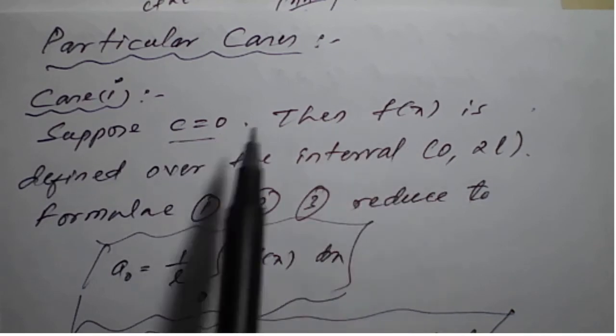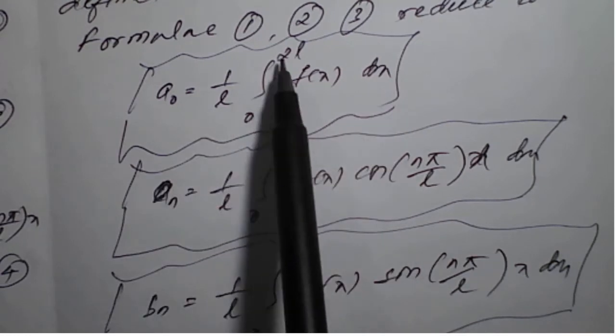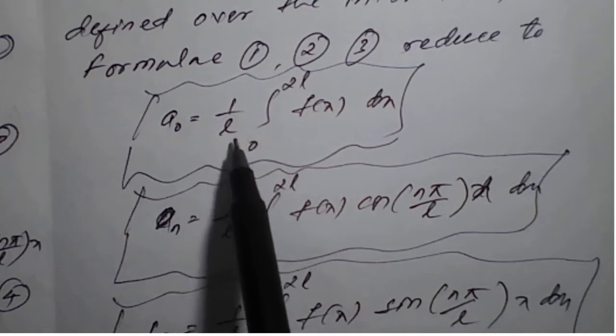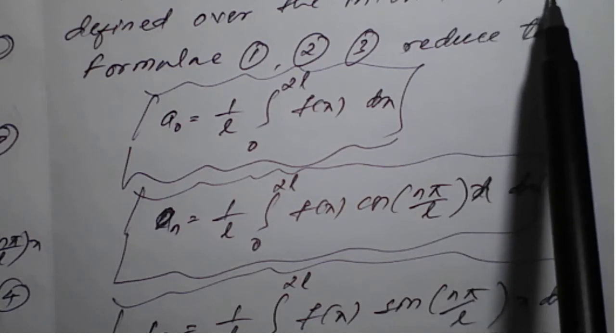In case 1, I had taken c equal to 0, then expressions 1, 2, 3 change to 0 to 2l, remaining all the same. But in this expression, if I take L equal to pi, then f of x is defined in the interval 0 to, instead of L, pi.